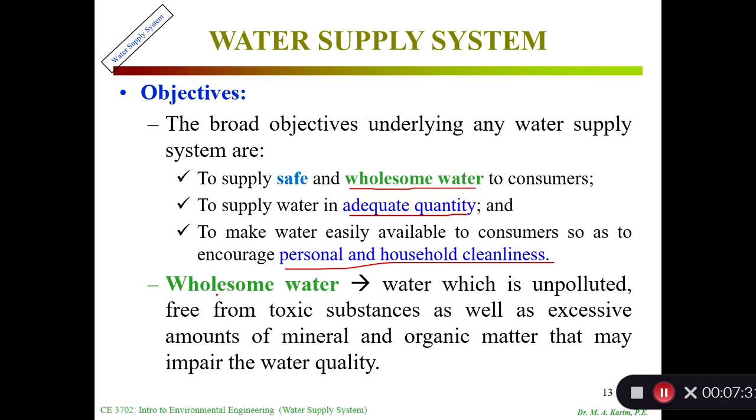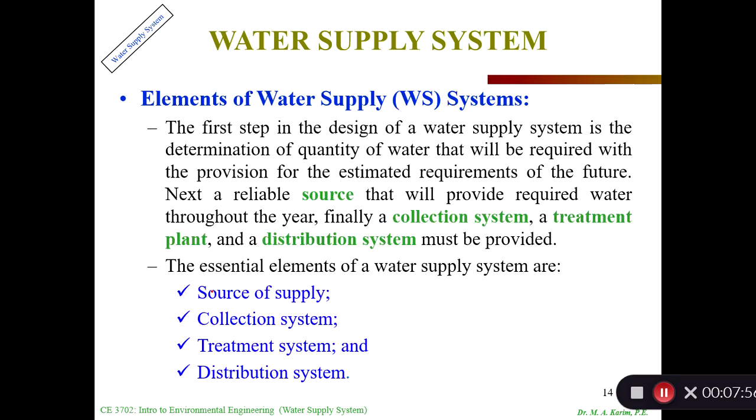Here is a new definition. Wholesome water is unpolluted, free from toxic substances as well as excessive amounts of minerals and organic matter that may impair the water quality. Palatable means it doesn't have any apparent color or anything like that. Wholesome is a little bit different. And safe means it doesn't have any pathogens, that means it will not kill us if we drink the water.